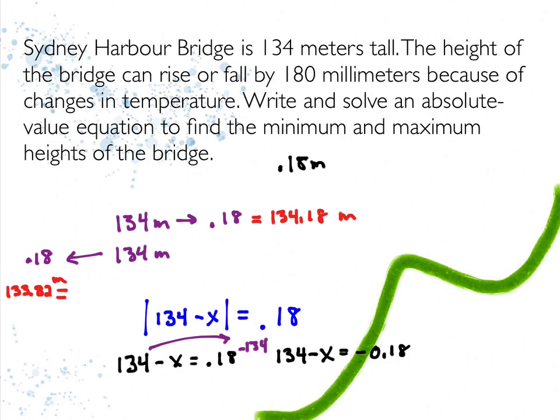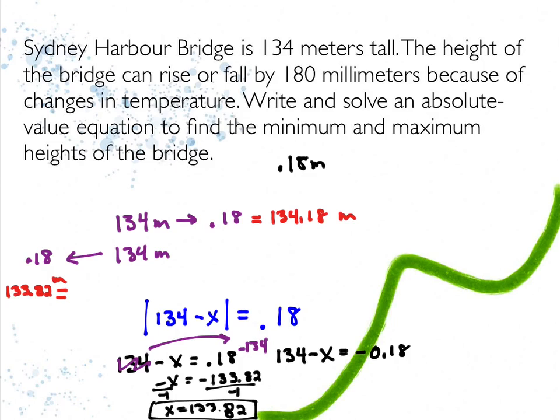So negative x is going to be 0.18 minus 134. So that's going to be negative 133.82, familiar number. And we'll divide both sides by negative 1 here just to get rid of that. So x is 133.82. That's one of our answers that checks out.